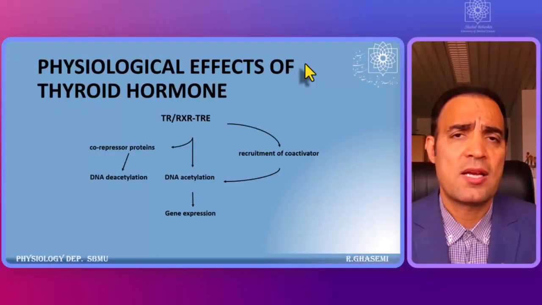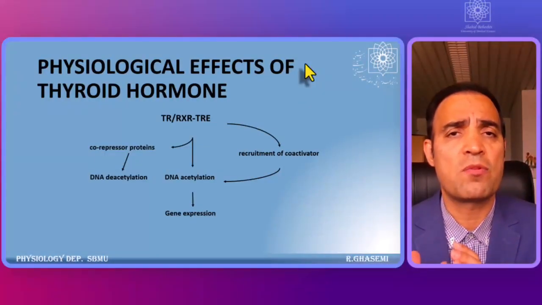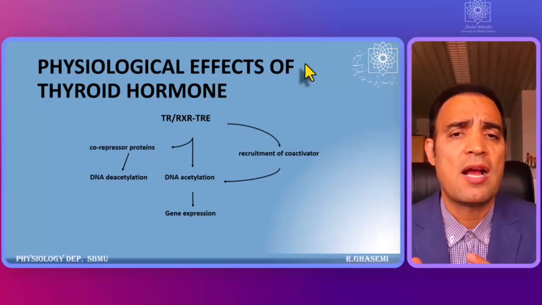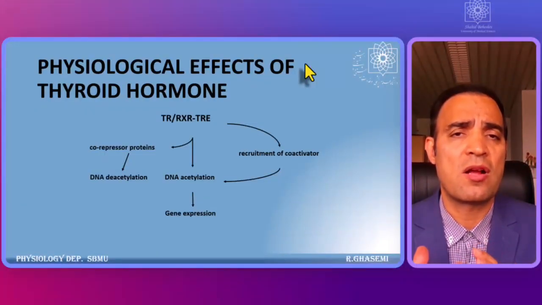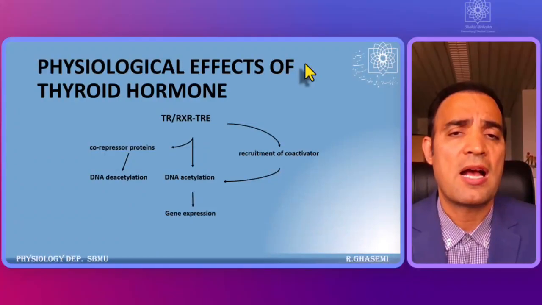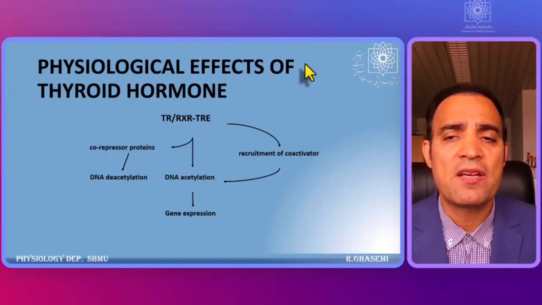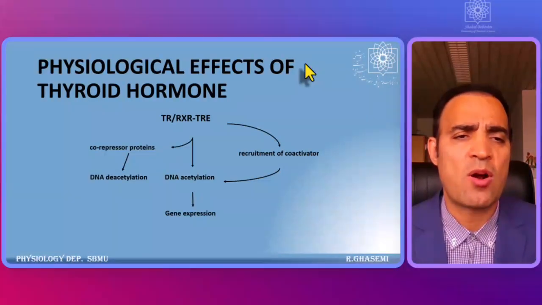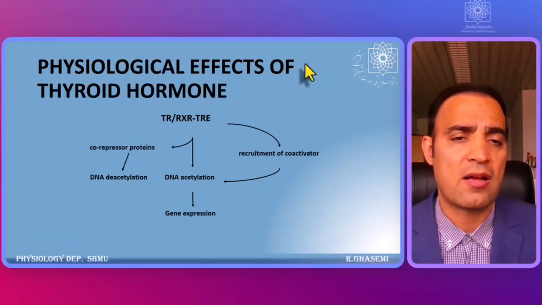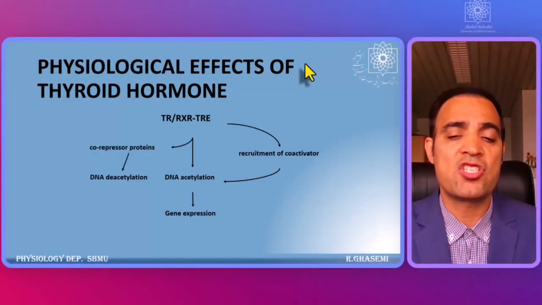Inside the nucleus, the thyroid hormone will bind to its receptor, and a complex of the thyroid hormone receptor plus hormone and some cofactors added to each other will affect the gene expression by recruitment of coactivators or co-repressors.